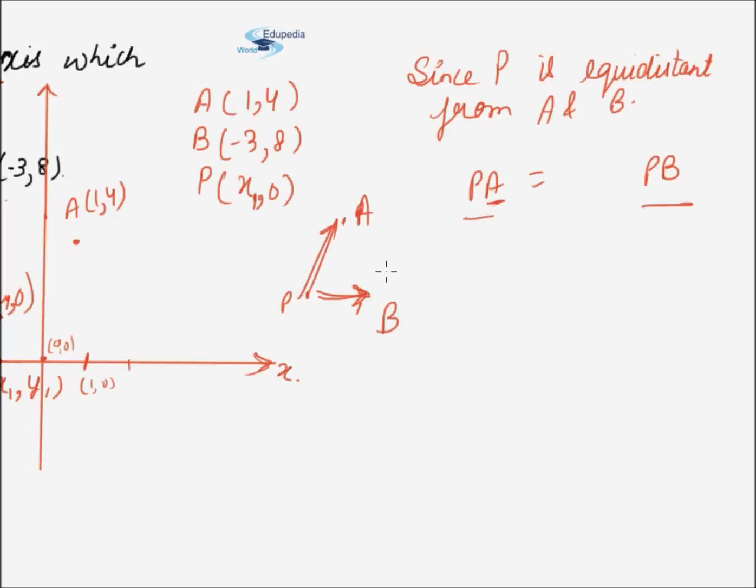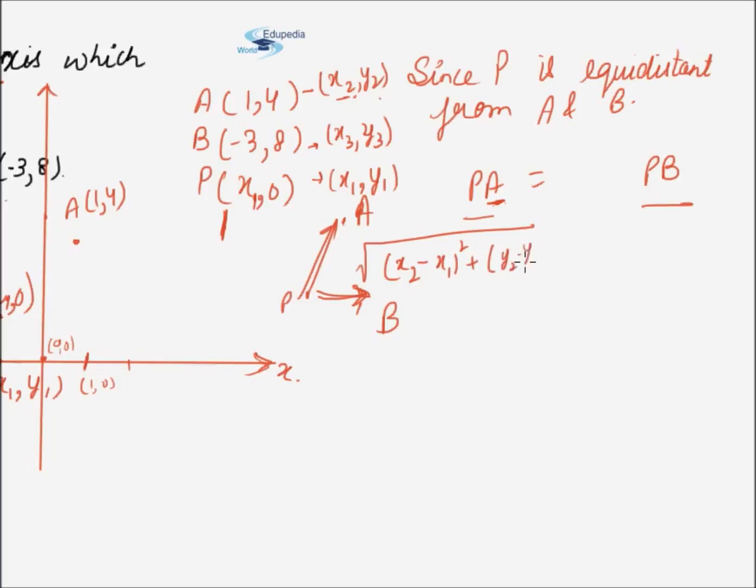If we take A as the second point and let us denote these coordinates by x2, y2 and these coordinates by x3, y3, then we will have PA as, first of all, the x coordinate of the second point which is x2, and for P we have earlier denoted it as x1 and y1, so x2 minus x1 whole square plus y2 minus y1 whole square is equal to PB.